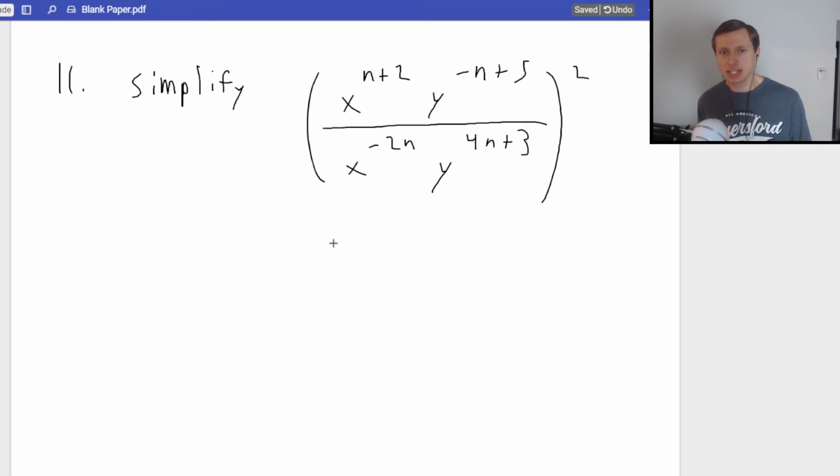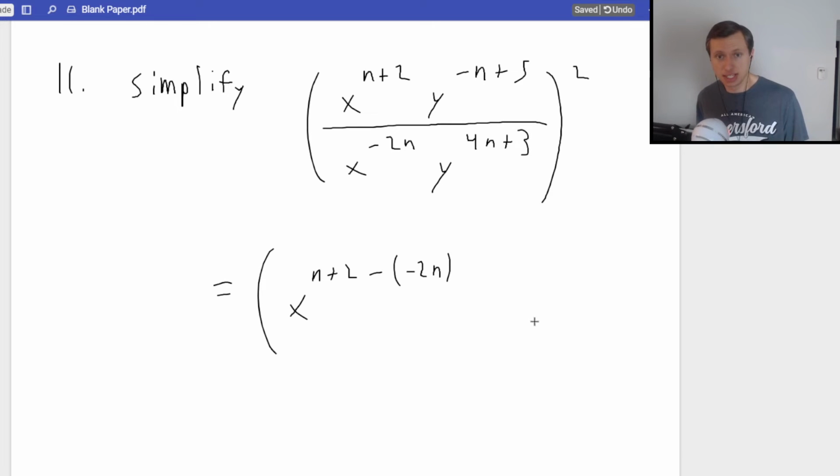First, we need to keep the x's and the y's separately because they're different bases. Now, anything that has an x in the base, and since I have one in the numerator and one in the denominator, I'm going to rewrite it like this. We don't need the fraction bar anymore, by the way. It's going to be x to the n plus 2 power minus my denominator, so minus negative 2n. Yes, that will become positive in the next step.